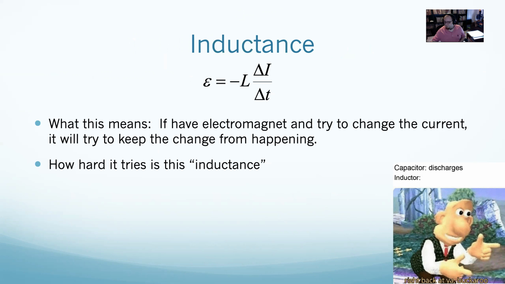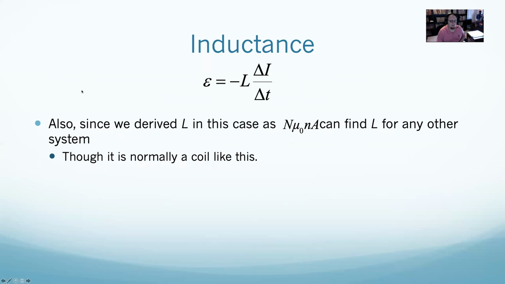Now, this was the equation if it was a solenoid, right? That I said, N mu naught NA, that was for a solenoid. Normally, when you put inductance in a circuit, you're working with solenoids.